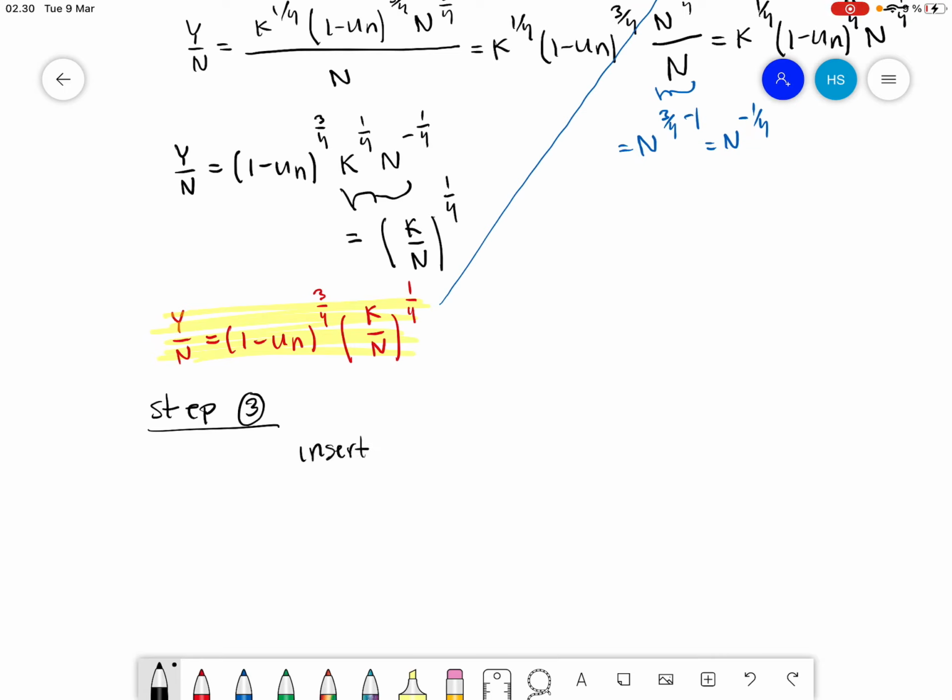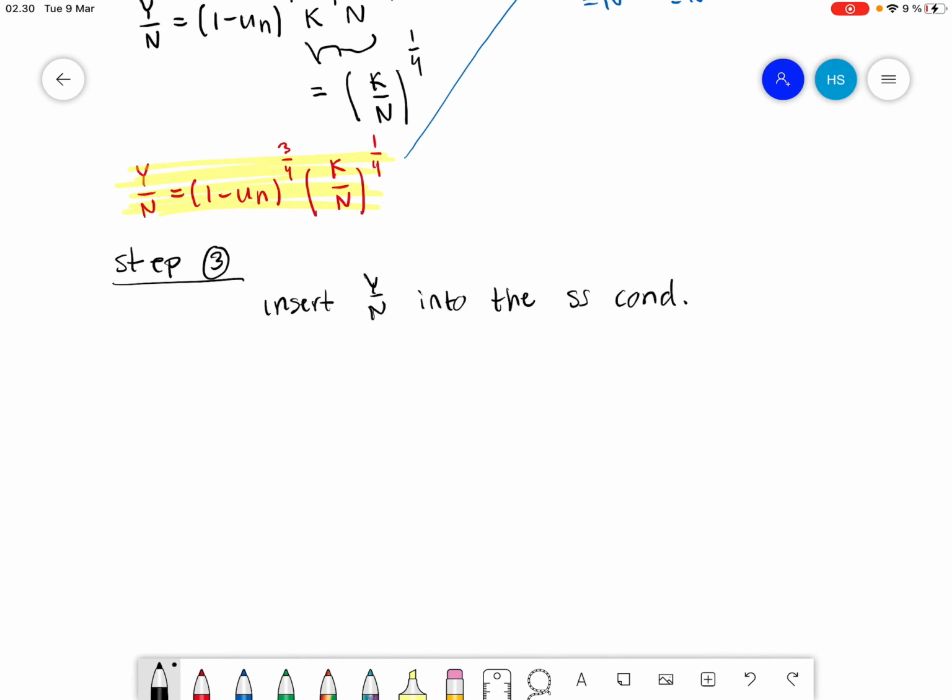insert output per worker into the steady state condition. What was the steady state condition? That was delta times K over N, which should be equal to the savings rate times output per worker.